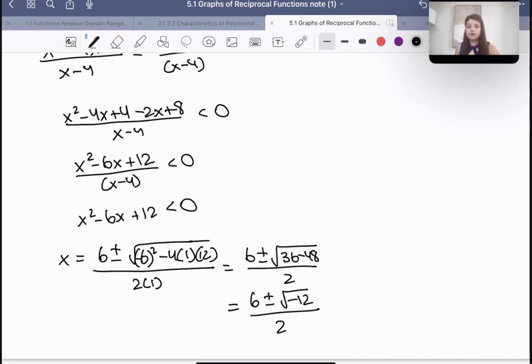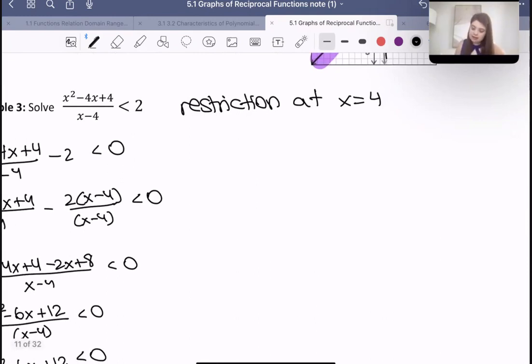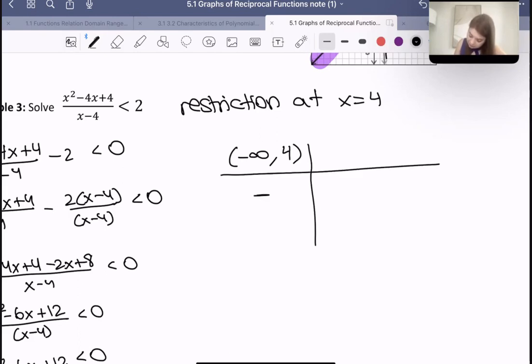Okay, so what does that mean to us then? Well, if the parabola has no solutions, then from negative infinity up to 4, it's negative. At x equals 4, it's undefined. And for x greater than 4, or from 4 to infinity, overall we have something positive.